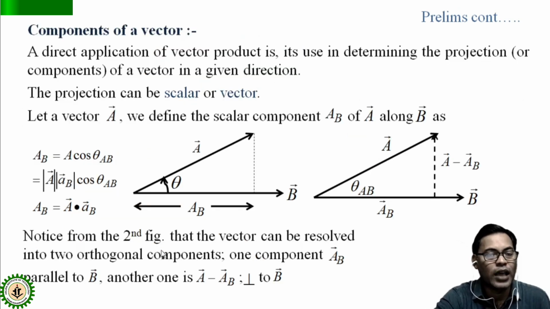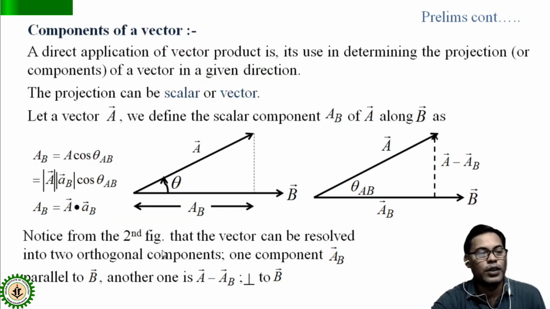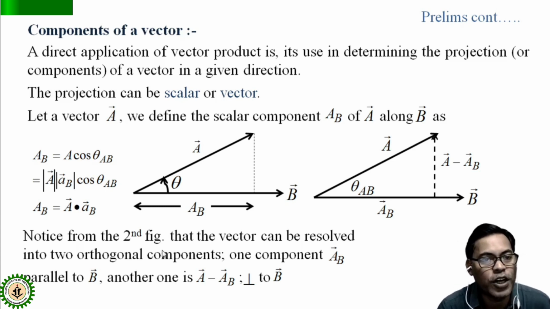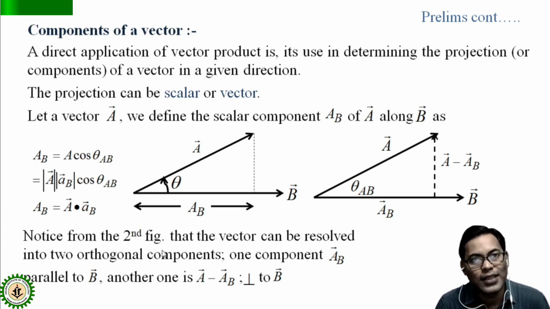Now the other topic here is the components of a vector. As the position vector or the distance vector is represented in the Cartesian coordinate system, we can find the component of that vector along the direction of the axes of the coordinate system. Suppose we have a vector r in the xyz Cartesian coordinate system.